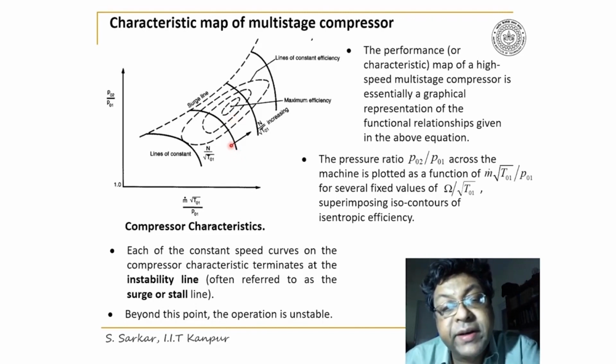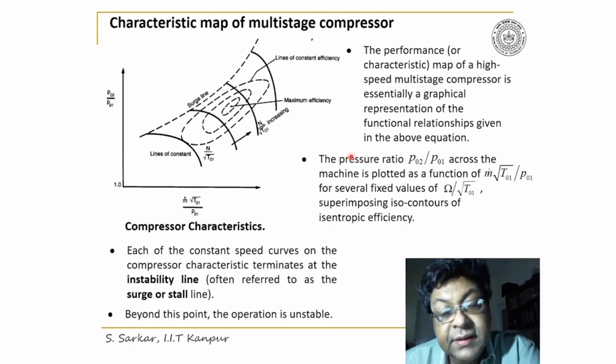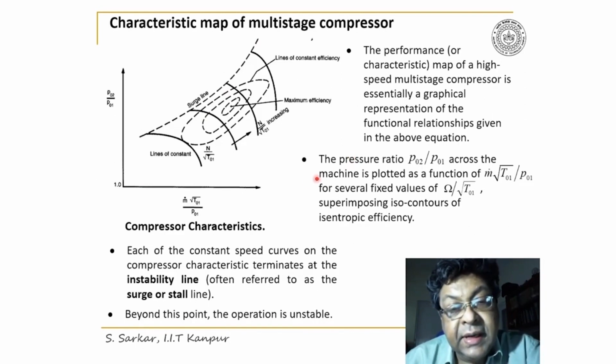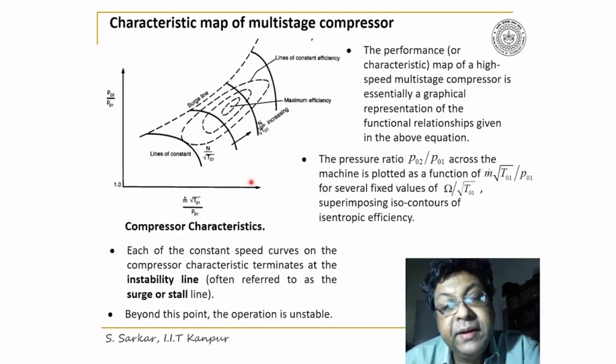Furthermore, each characteristic line merges to the surge line, which is the line of instability. Note here that for a certain speed, if we throttle the engine, its pressure will rise and efficiency will increase.